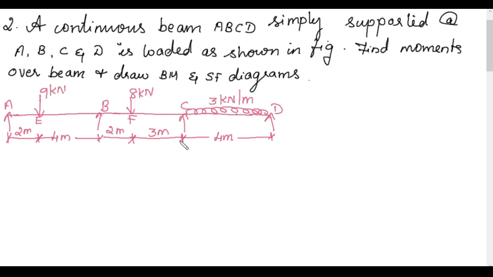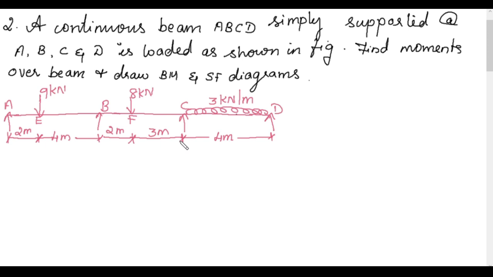Then we combine both and we get the bending moment diagram. Then from the bending moment diagram, with the help of the given loading conditions, using static equations, we will find the unknown reactions. Then we can draw the shear force diagram.